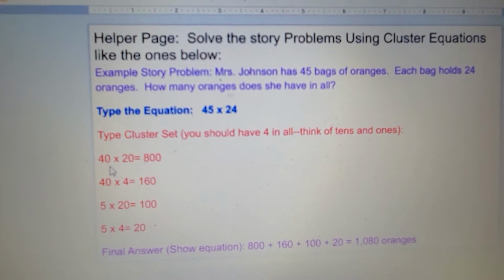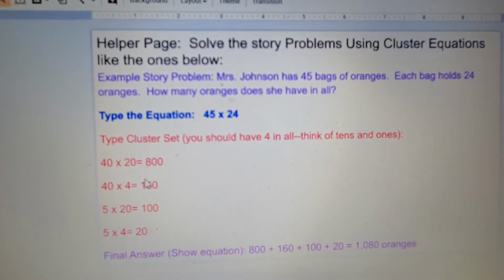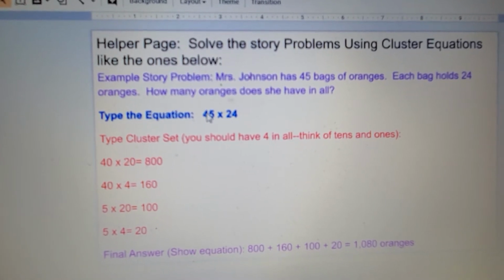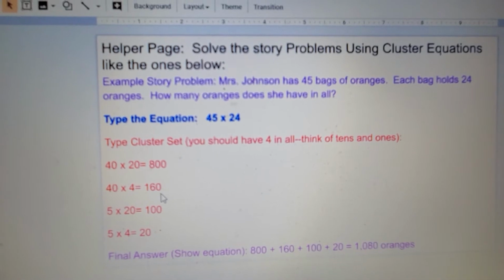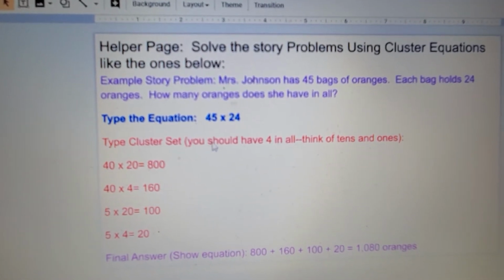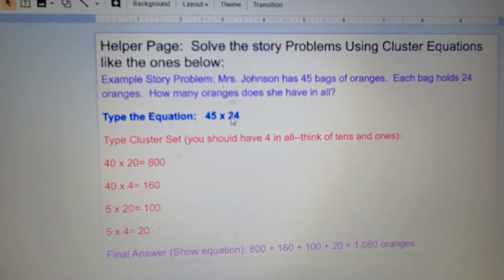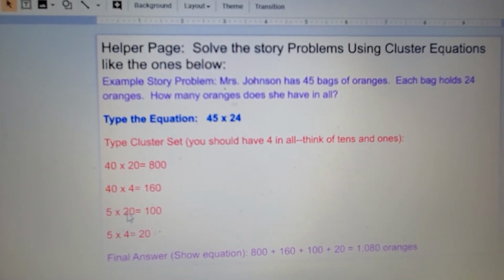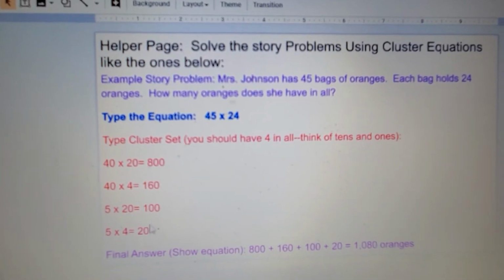So I multiply the tens. 40 times 20 equals 800. Then I multiply the 40 times the 4, so 40 times 4 is 160. And then I take the ones, 5 times this 20, so 5 times 20 is 100. And then I multiply the ones, 5 times 4, which is 20.